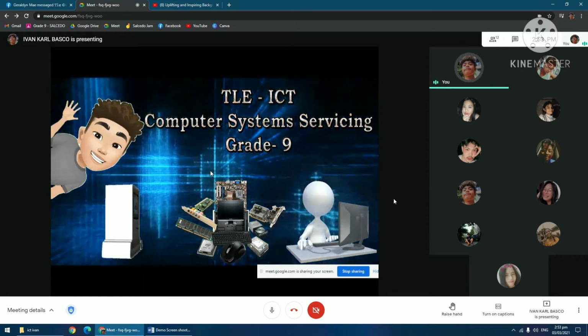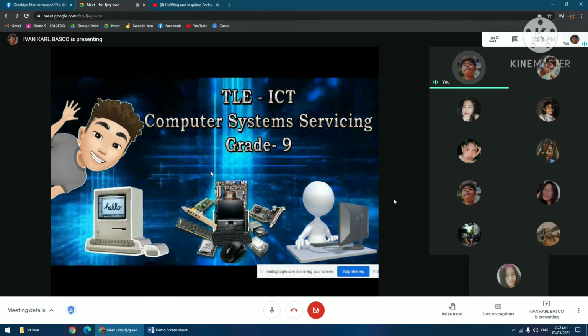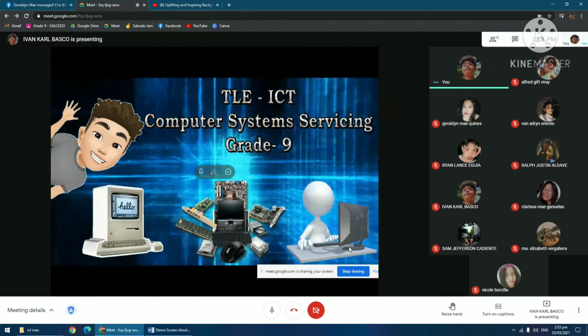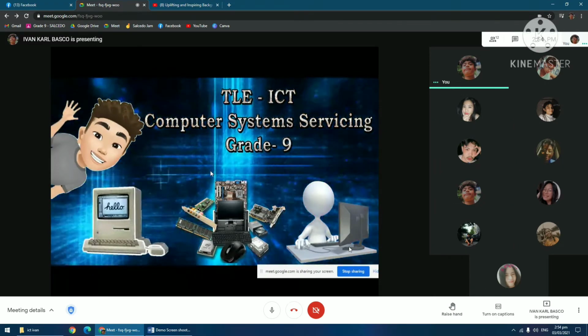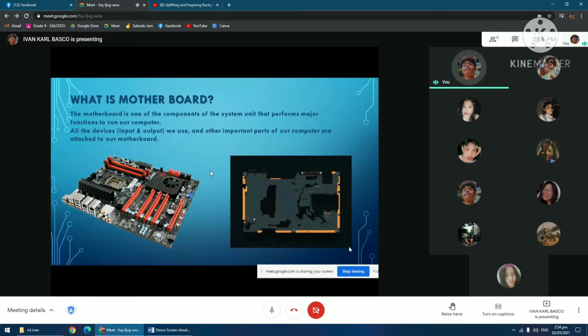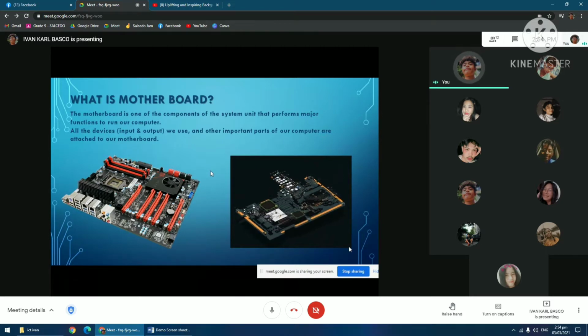So for today's activity, we're going to recap our lesson yesterday, which is the motherboard and its parts and functions. But first, what is a motherboard? Yesterday, we tackled that the motherboard is one of the components of the system unit that performs major functions to run our computer.